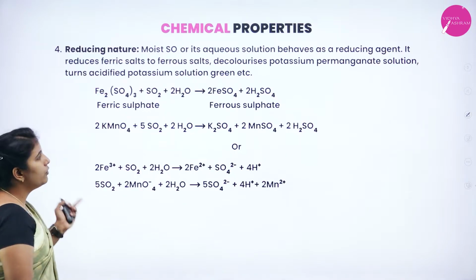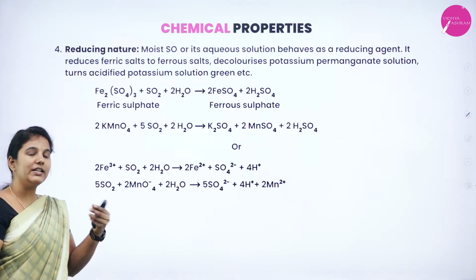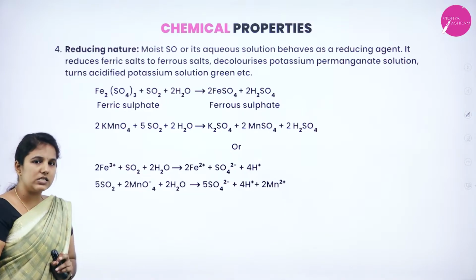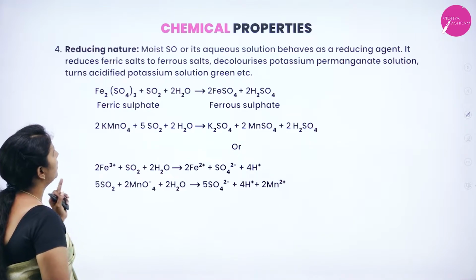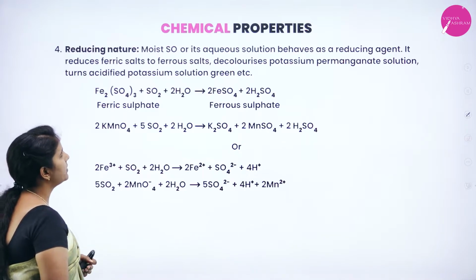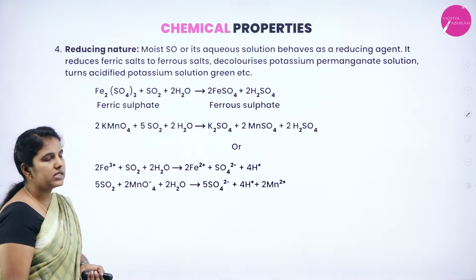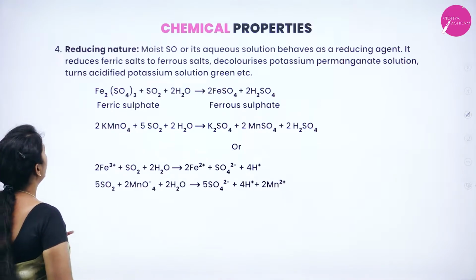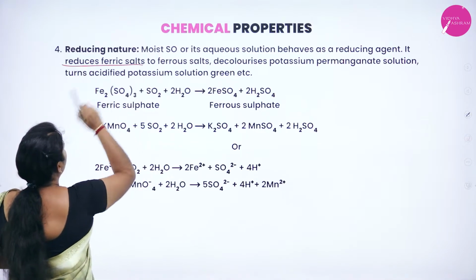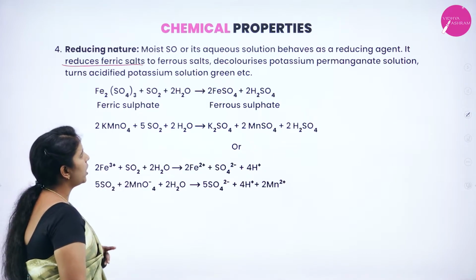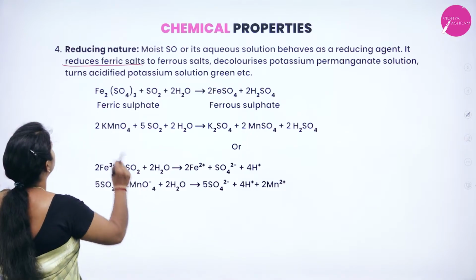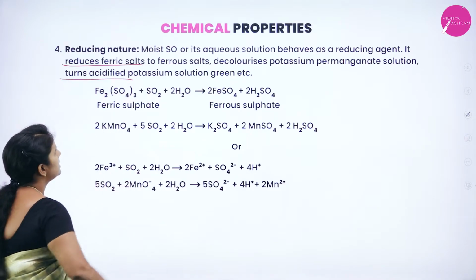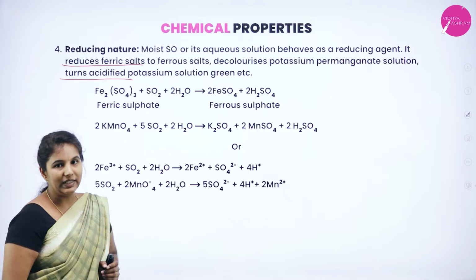Coming to the reducing nature, how does it act as a very good reducing agent? Sulfur dioxide, we will understand now. Most of the sulfur dioxide in its aqueous solution behaves as a reducing agent and it reduces ferric salts to ferrous salts, decolorizes the potassium permanganate solution, and turns acidified potassium dichromate solution green.